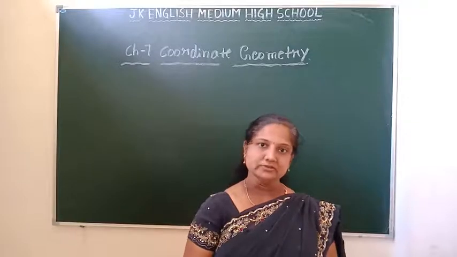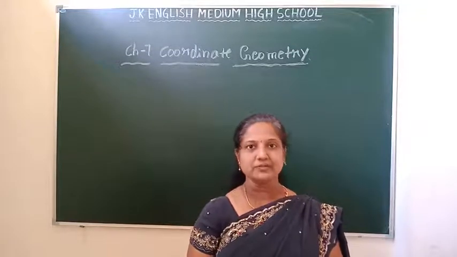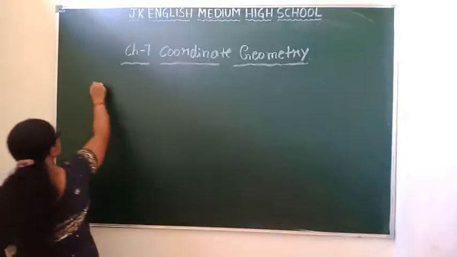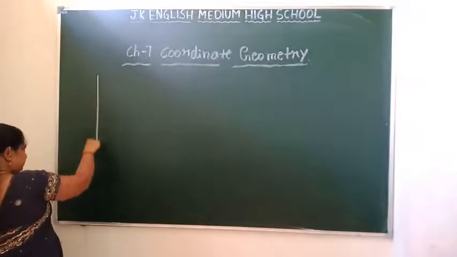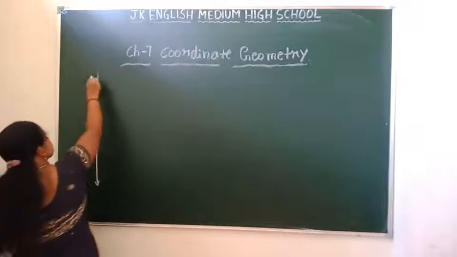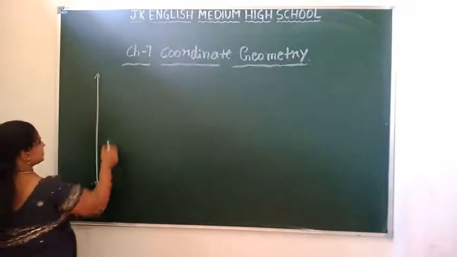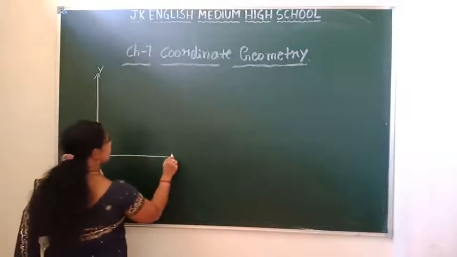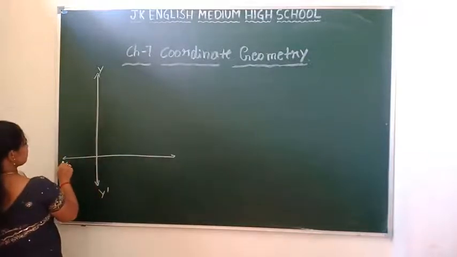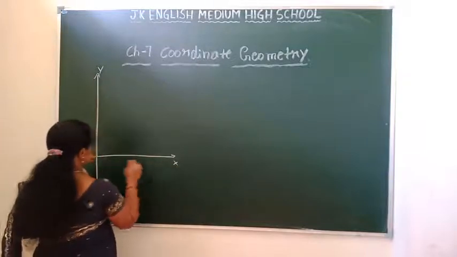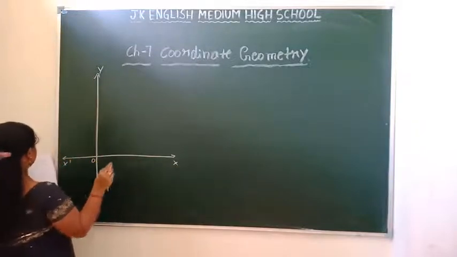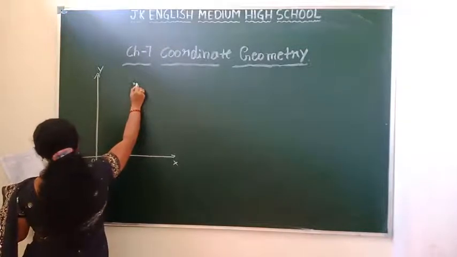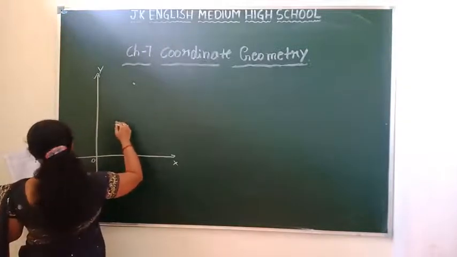We are going to derive that formula. This is y-axis, y dash, and this is x-axis, x dash, and origin. If 3 vertices coordinates are given here, this is one point in the plane.